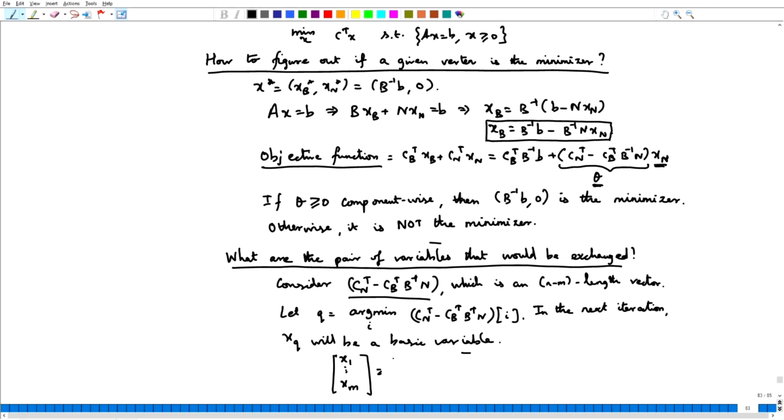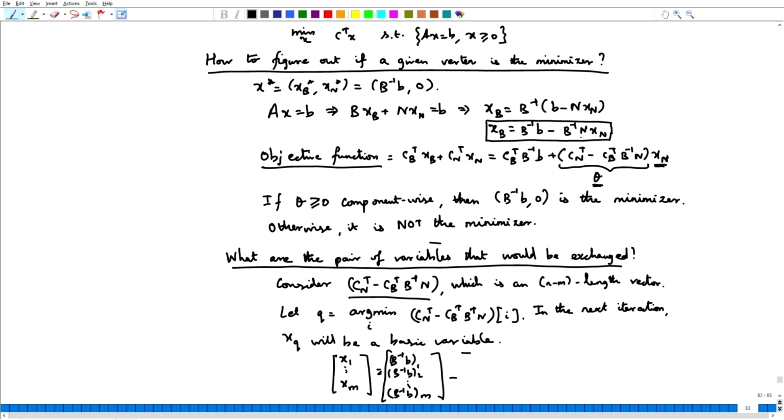And this is actually B inverse b, which is an m dimensional vector. So, this is (B inverse b)_1, (B inverse b)_2, up to (B inverse b)_m. So, that is B inverse b.